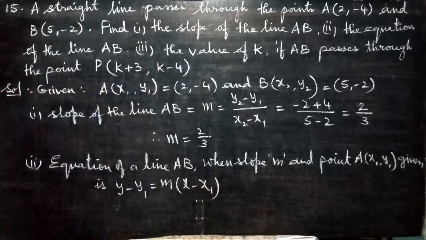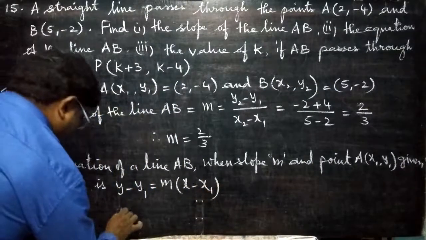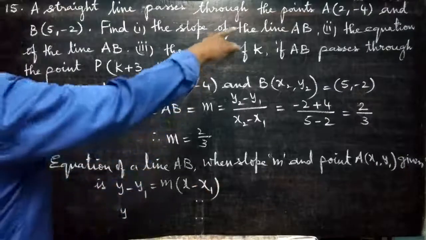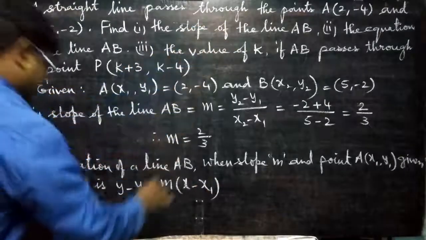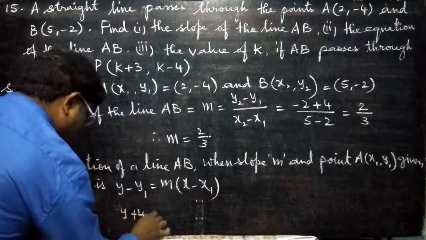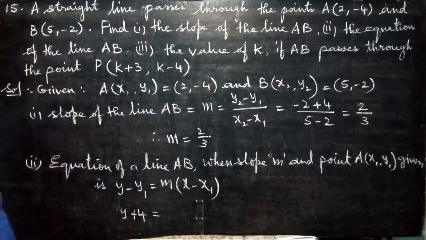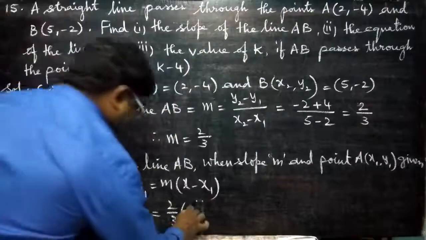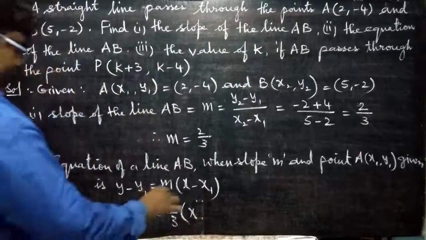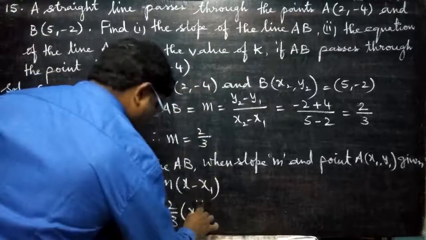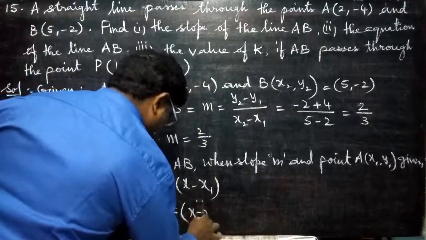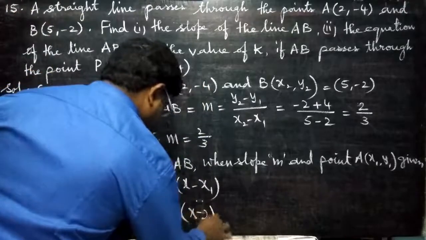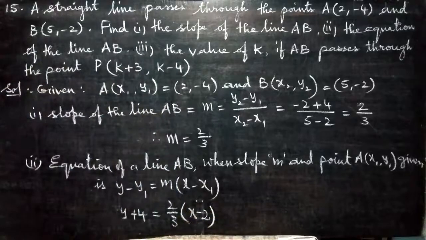Are you able to follow? So y minus minus into minus is plus 4 is equal to M, we got as 2 by 3, 2 by 3 into (x minus x1), minus 2. Now simplify.